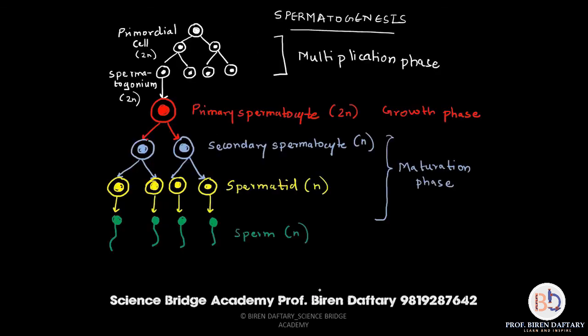Occurs in testes. So I would like to tell you something before we go on to the summarization. When the spermatids are formed, these spermatids undergo certain changes to form fully grown sperms.